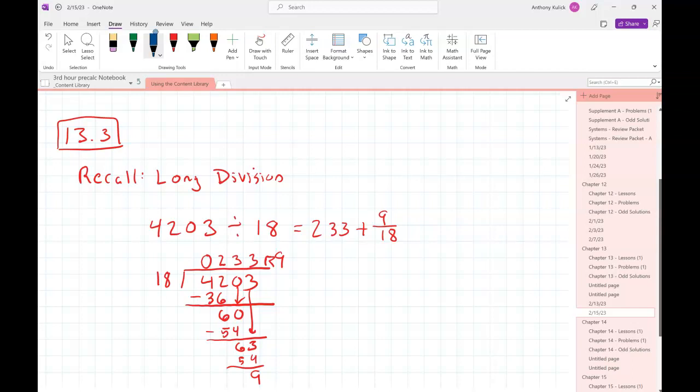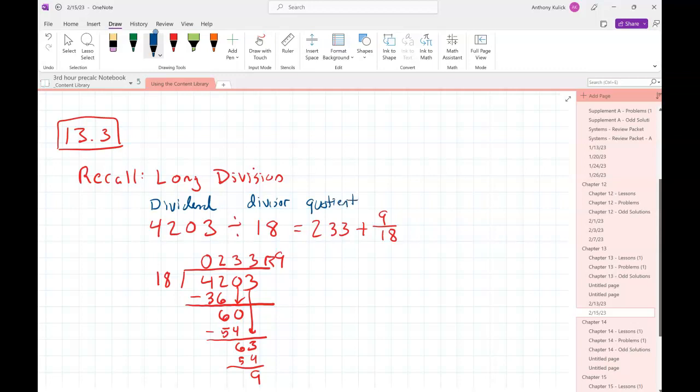So what is the number 4,203 called? That's the dividend. What's the 18 called? The divisor. The 233 is called the product. No, quotient.